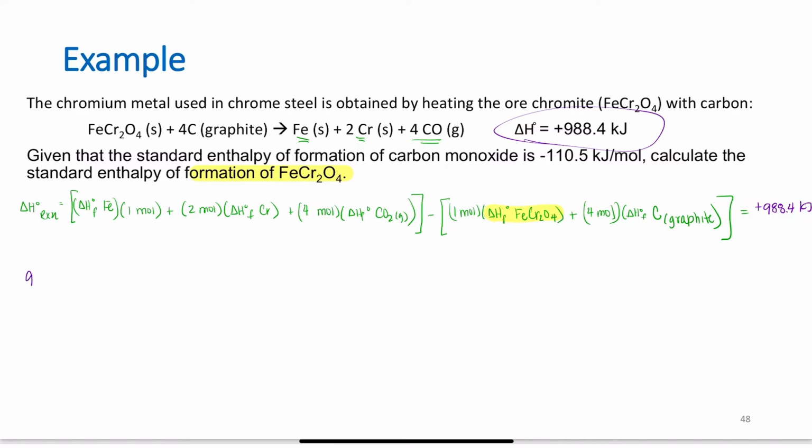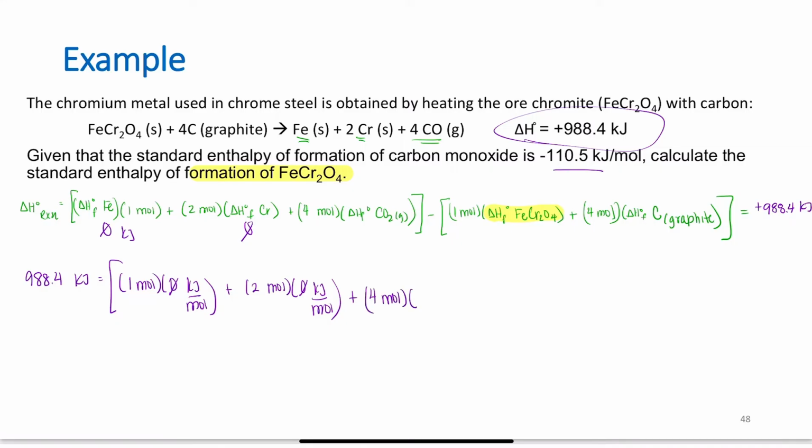So I know that 988.4 kilojoules equals 1 mole times 0 kilojoules per mole for Fe, most stable state, plus 2 moles, 0 kilojoules per mole for chromium, most stable state. Four moles CO tells me CO's value, negative 110.5 kilojoules per mole.